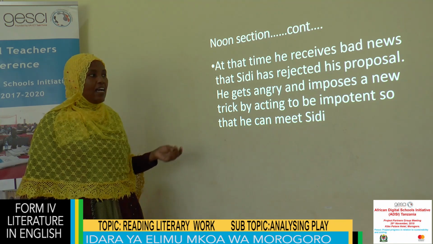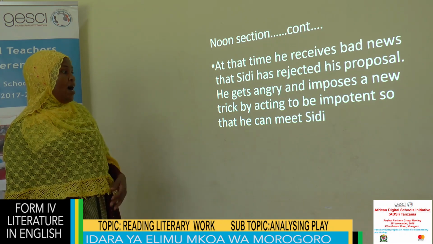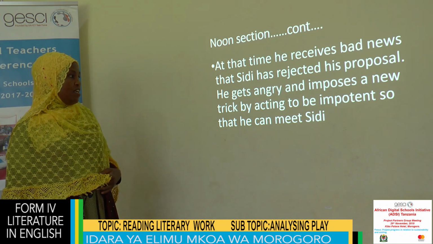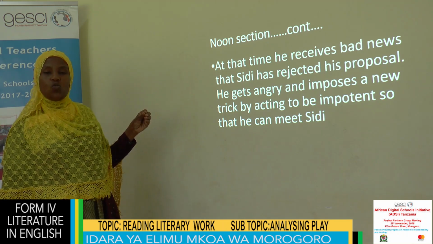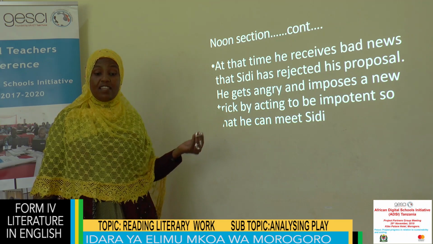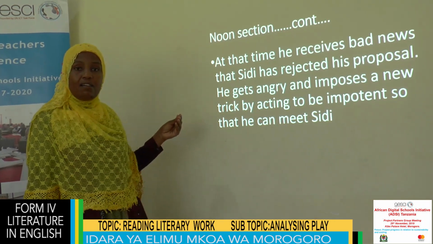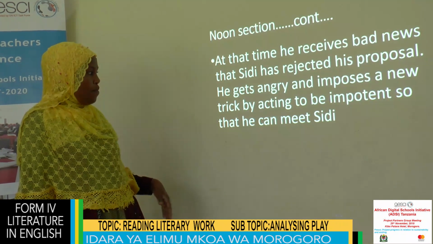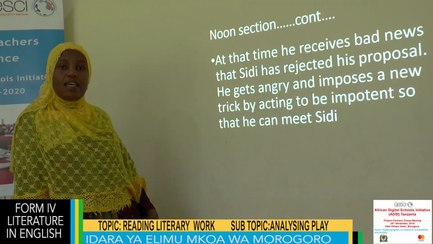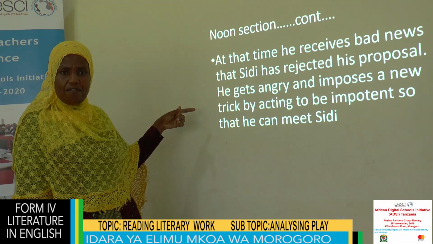The chief gets very angry after realizing that his proposal has been rejected. Now he tries to employ another trick that will make that girl fall into his trap, a trick not even known by his wife.